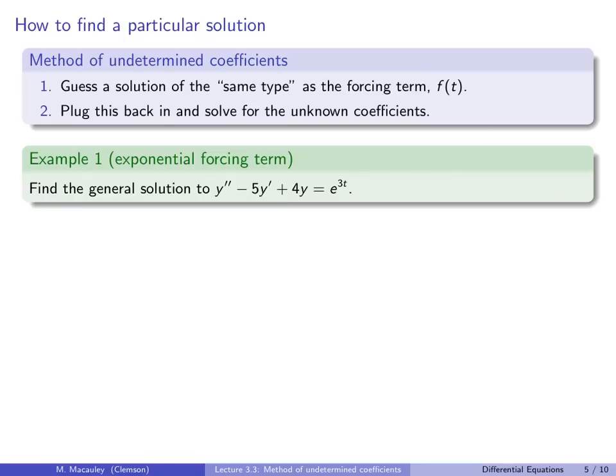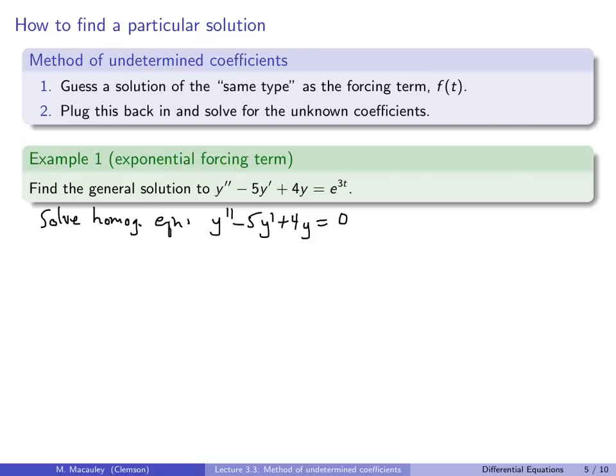Okay, so the first thing to do is to solve the homogeneous equation. That's y double prime minus 5y prime plus 4y equals 0.